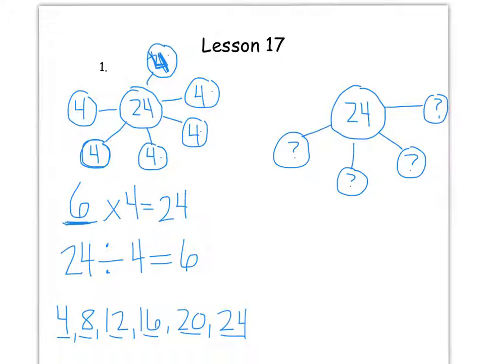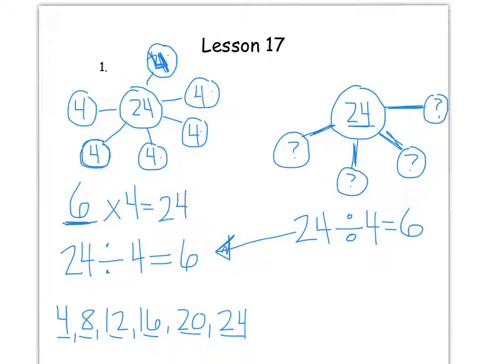I see my total is 24, and this time I have 4 groups. So I can use the division problem 24 divided by 4 equals 6, because I just did it right there.